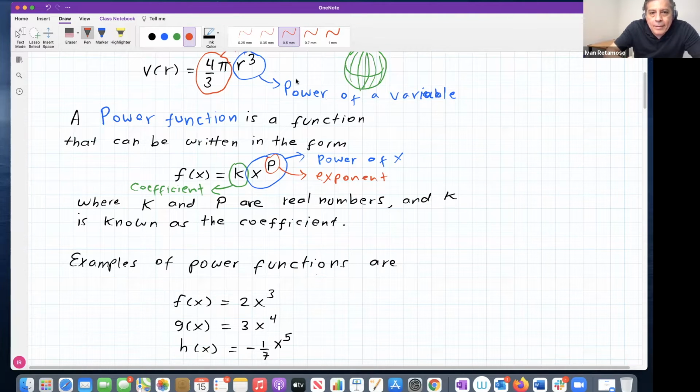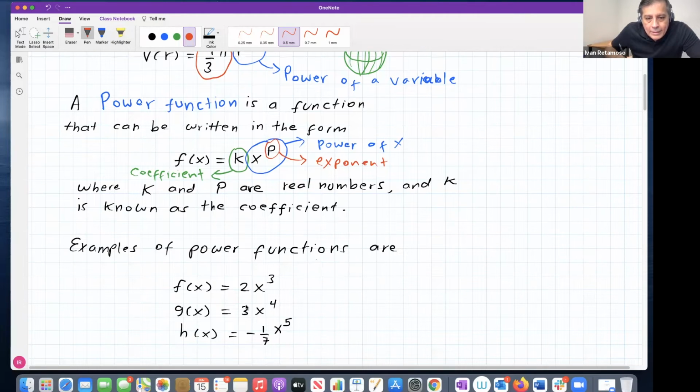You see a number up front multiplying the power of a variable, right? In this case, the 4th power of x. Now, we said that this number up front is any real number, so it could be positive, could be negative, right? Another example of a power function, h of x equal minus 1/7 multiplied by x raised to the fifth power. Okay, so these are examples of power functions.